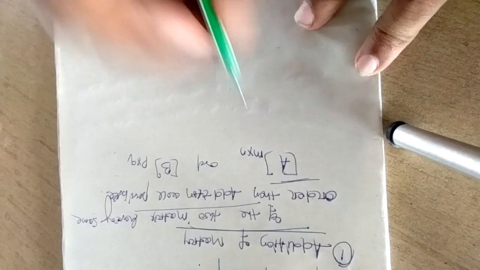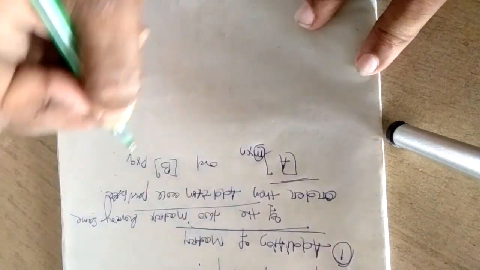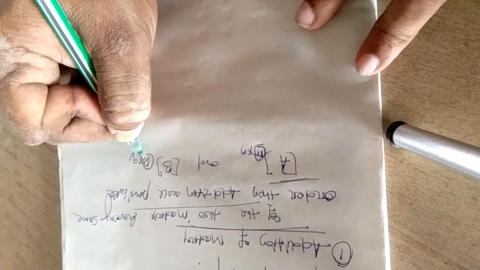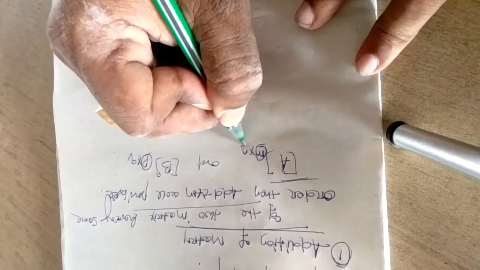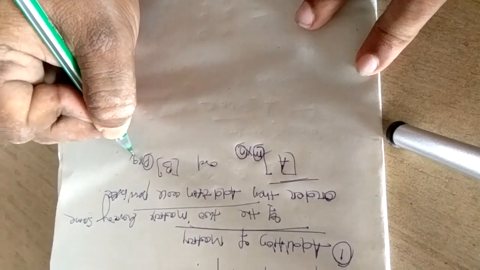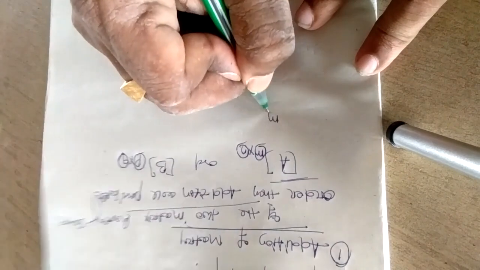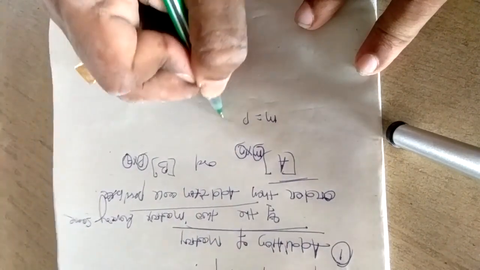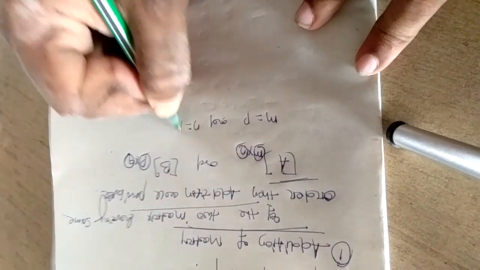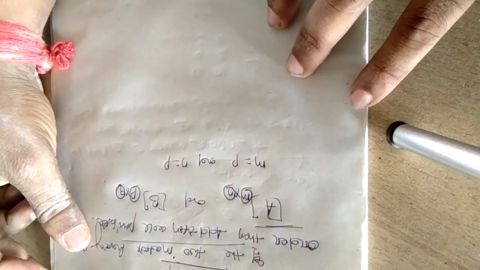If the number of rows of the first matrix is equal to the number of rows of the second matrix, and the number of columns of the first matrix is equal to the number of columns of the second matrix, that means m equal to p and n equal to q, then matrix addition will be possible.